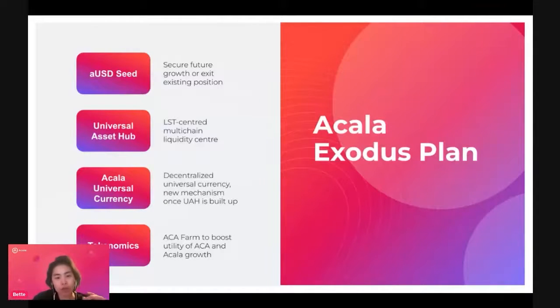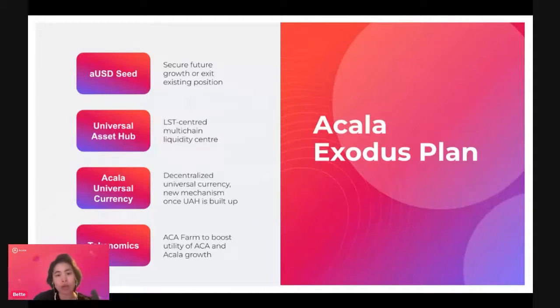And then, to make all of this possible, there's the tokenomics update, where the ACA farm comes into play to boost ACA holders to participate in the ecosystem. This is mostly brought about by ACA staking as well as voting for ACA incentive plans going into the Universal Asset Hub, supporting the applications, but also getting feedback as well as rewards from those participating applications.